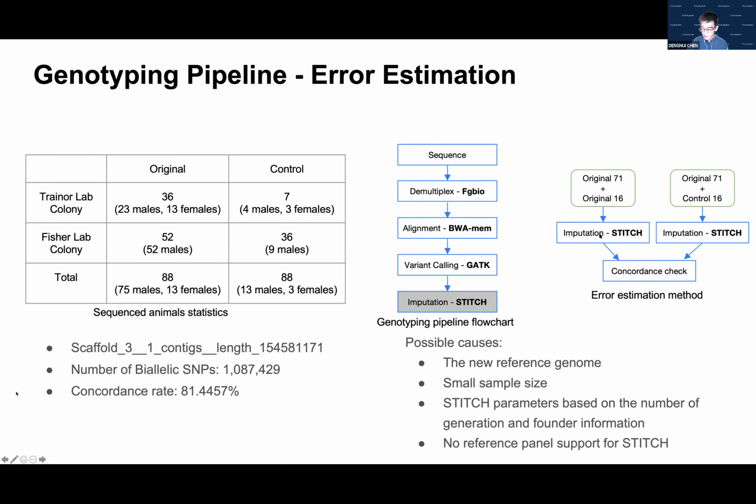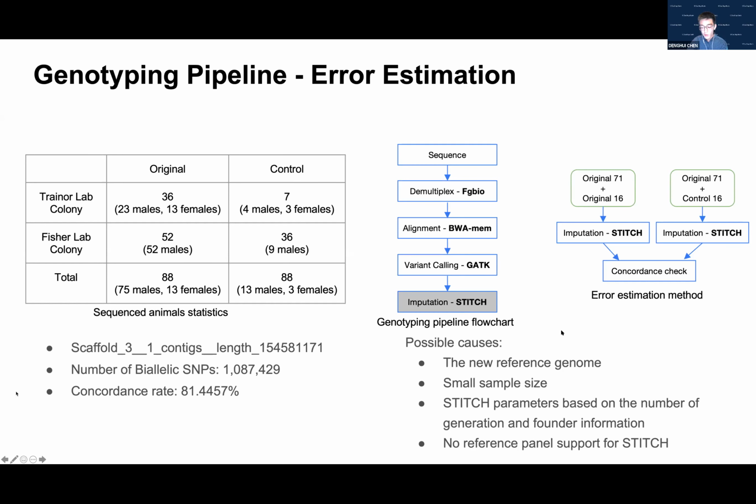The other thing is the imputation software requires a lot of parameters, and some of the parameters are based on the number of generations and the founder information, and we don't have accurate and correct ones for this data set. And the other thing is we don't have a reference panel for the imputation. It's a reference-panel-free imputation software.